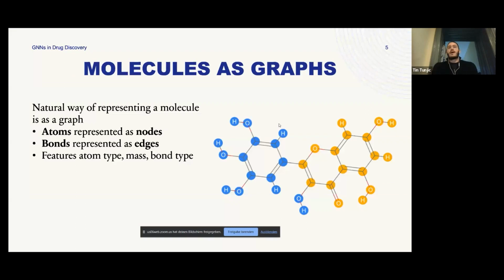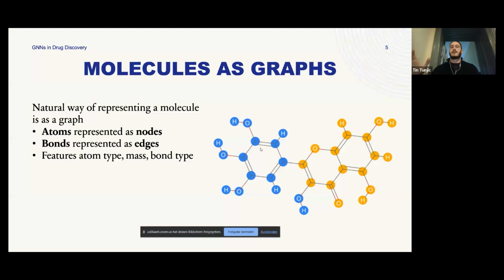Now, why exactly is it nice to represent molecules as graphs and then also learn on those graphs? It's a natural way of representing molecules. You can see here on the right that in this molecule each atom is, as I said, a node, and for the bonds we have edges. So maybe you can see the double bond, that's one edge, then a single bond, that's another edge, and so on.